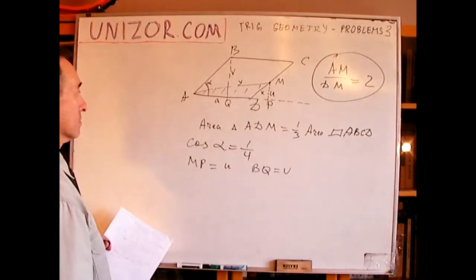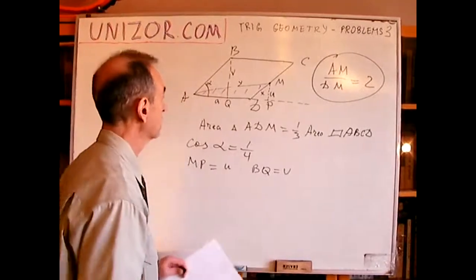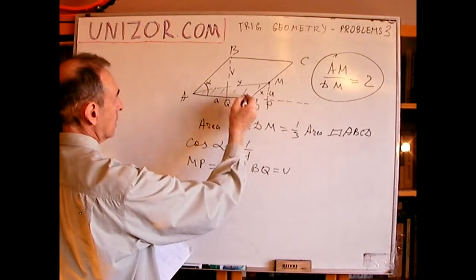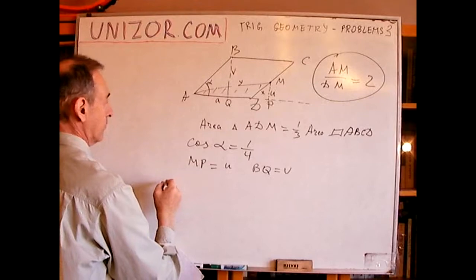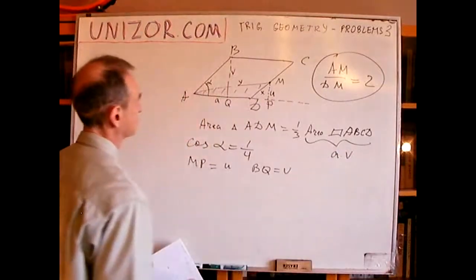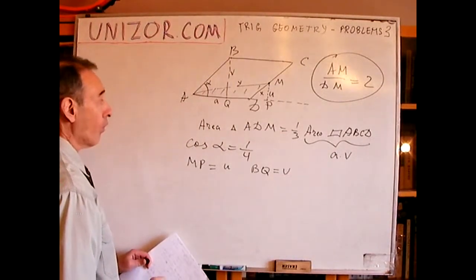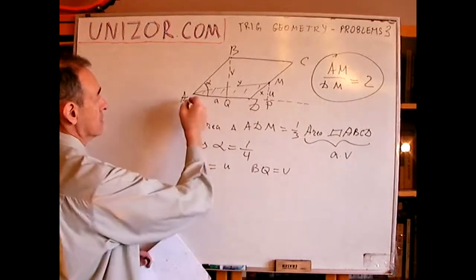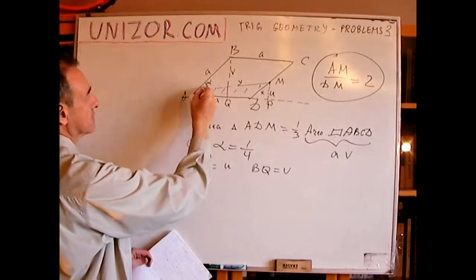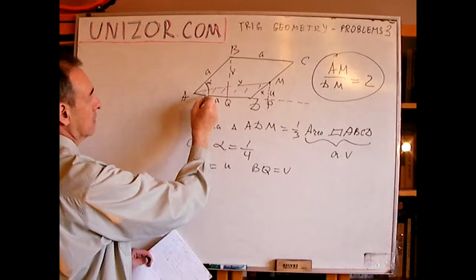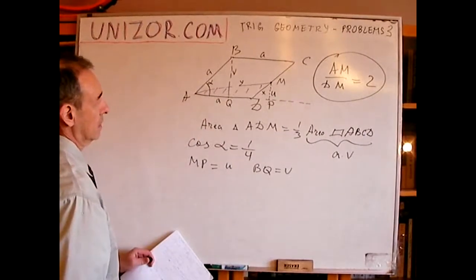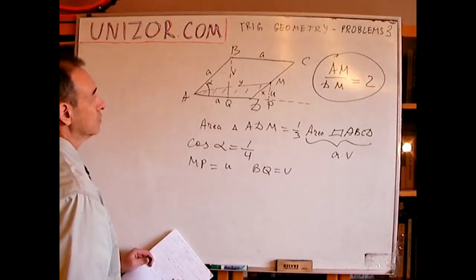All right, now let's do the calculation of the areas. Now, the area of the parallelogram is base, which is A, times height, which is V. So here I have A times V. Or, if you wish, this is a rhombus, so all sides are A. And knowing the cosine of this angle, I can very easily find the altitude BQ.